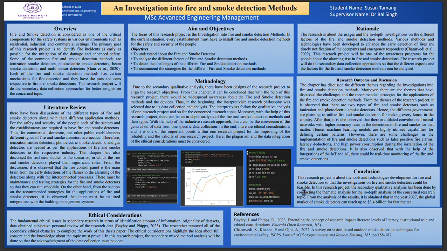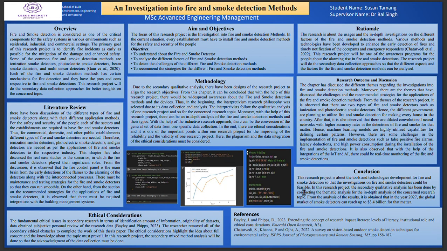Hence, different governments are planning to utilize fire and smoke detection for making each house in the country safe. After that, it is also observed that there are dilated convolutional neural networks, known as CNN, with high accuracy rates in the detection of fire and smoke in modern technology.